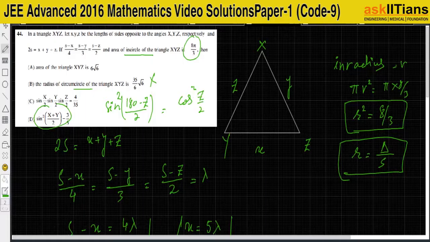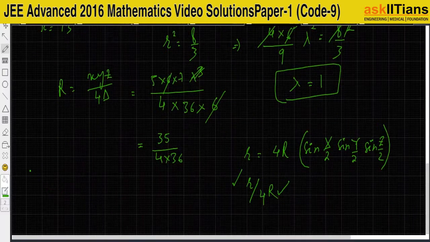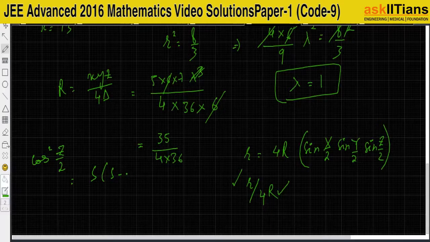Now if you remember the half angle formulas, from half angle formulas we can say what is cos square z by 2. Cos square z by 2 will be s into s minus z divided by xy.